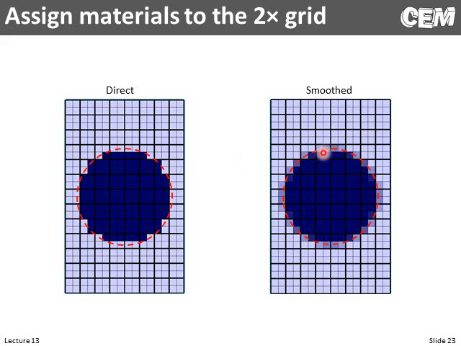The other way is that we can average the dielectric values around the perimeter. This is actually better. This leads to faster convergence, meaning we can get away with larger grid cells, faster simulation for the same amount of accuracy. So this is simpler to build, but will require a bit higher grid resolution. This is a bit more complicated to build, but we can get away with coarser grid resolution.